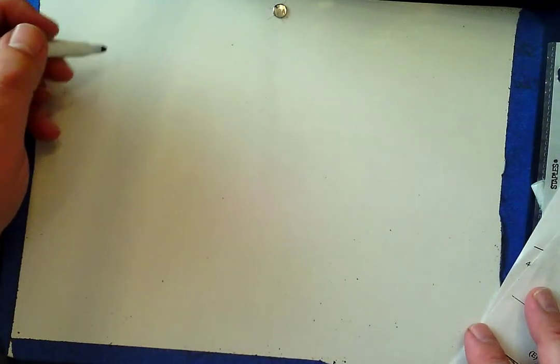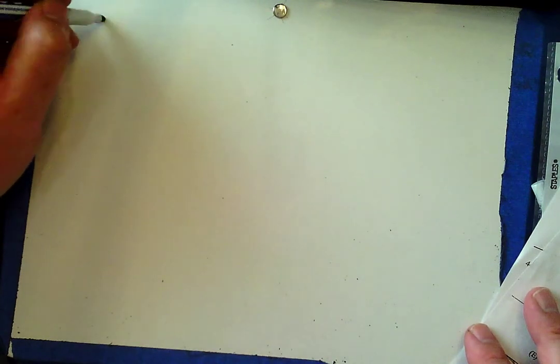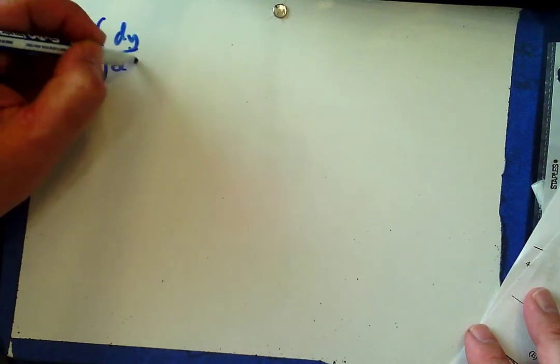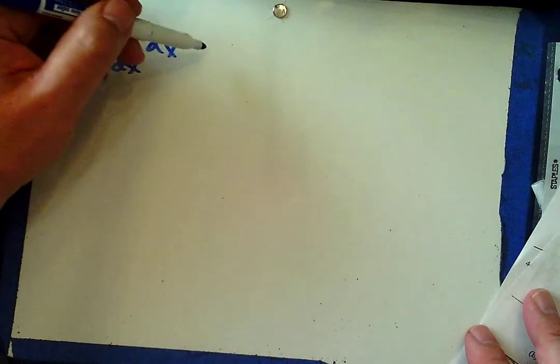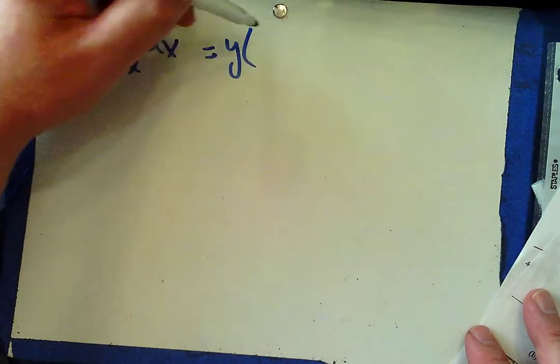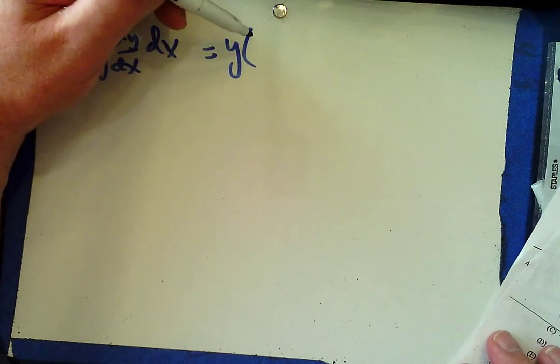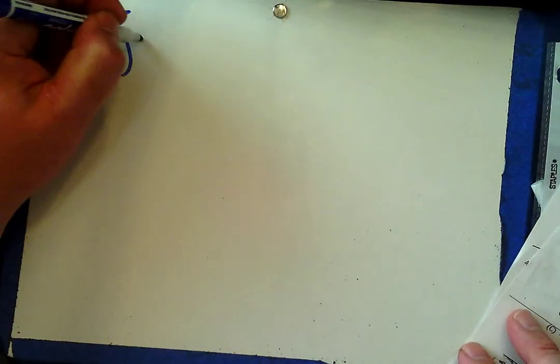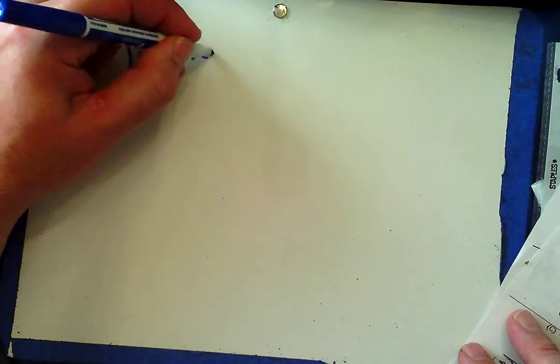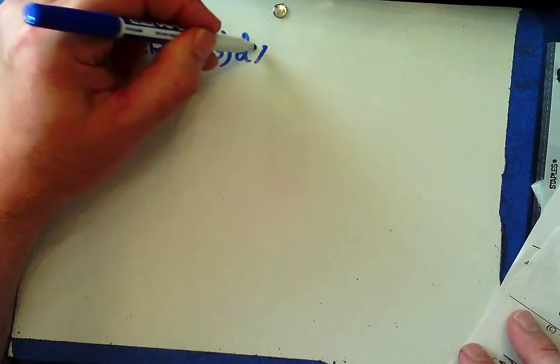This is an FTC2 question because they give me a derivative and an initial condition. So if I integrate dy/dx with respect to x, that should equal y. I just have to integrate sine of 3x minus 3 dx.